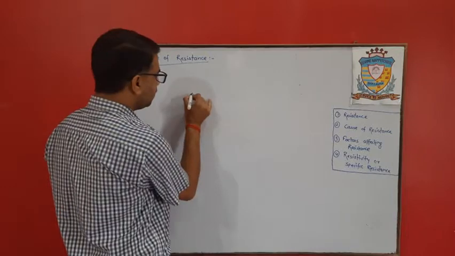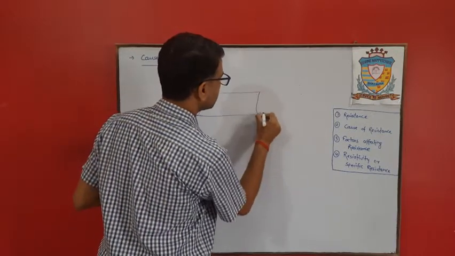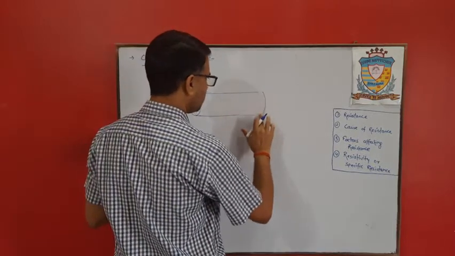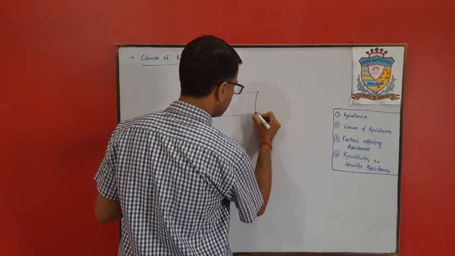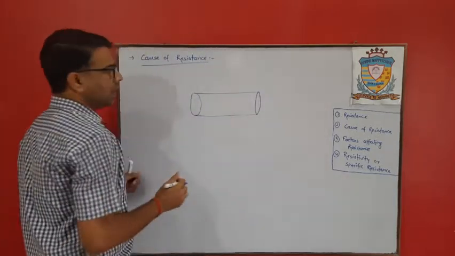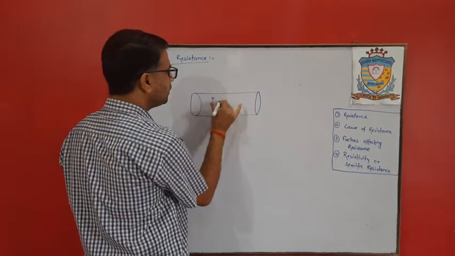Suppose that we have a conductor. Initially, all the electrons are in random motion.